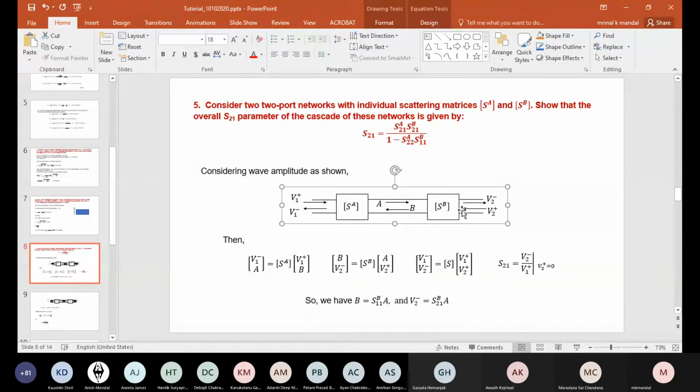That is the advantage of S parameters. That is why we use S parameters at microwave frequencies. You don't need open circuit or short circuit. So since V2 plus is 0, it is match terminated, not open or short. So we don't have any contribution coming from right to left at the input of the second network.